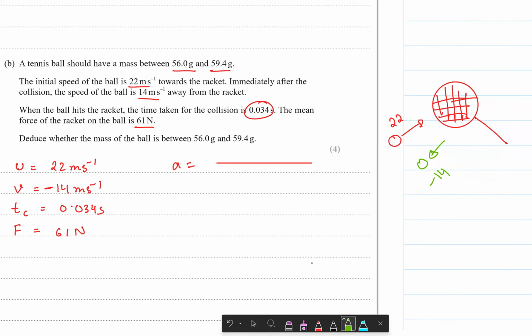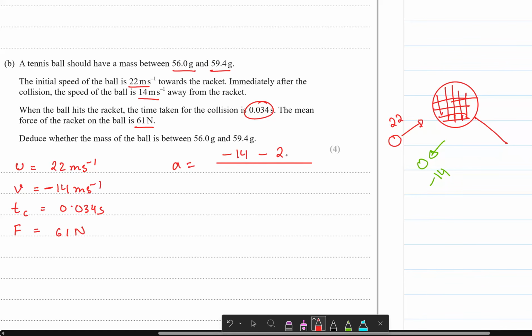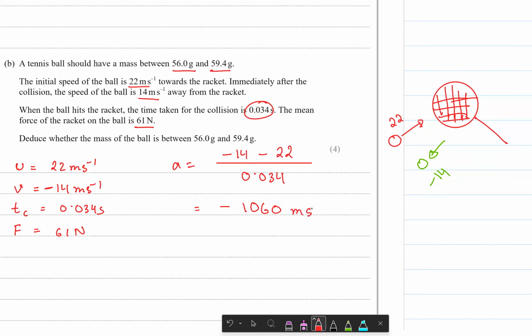So I can use minus 14 minus 22 divided by the total time of the collision. So it should be negative 1060 meters per second squared.